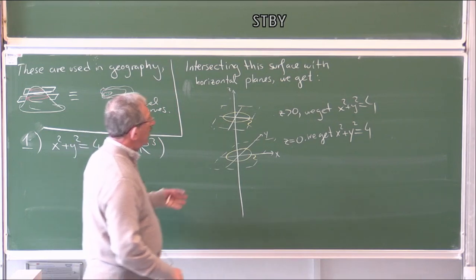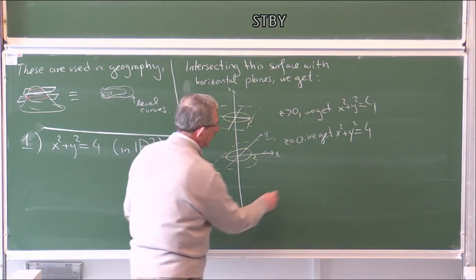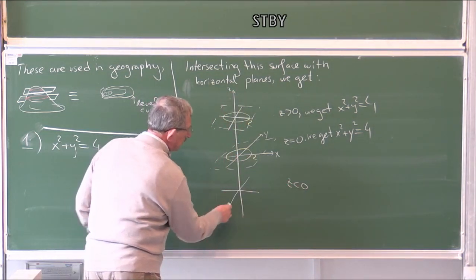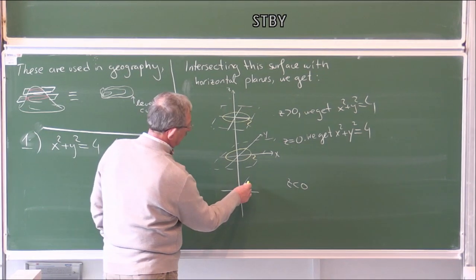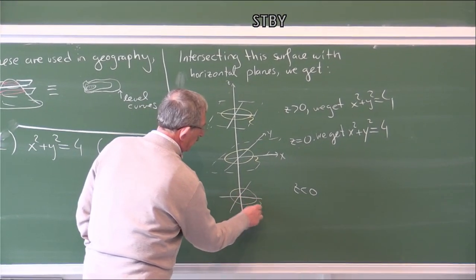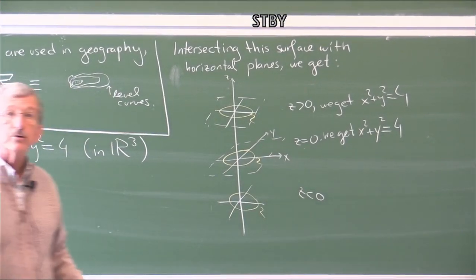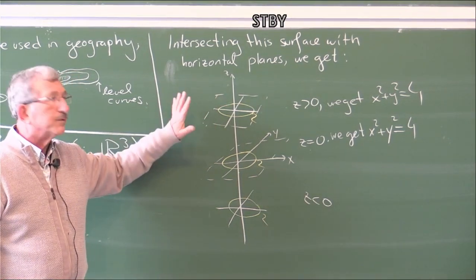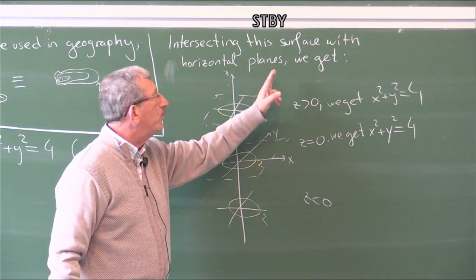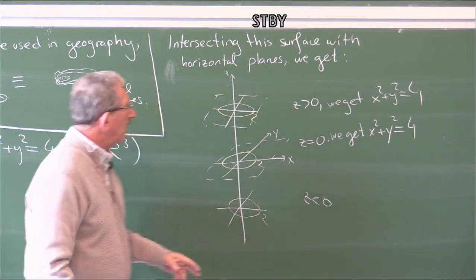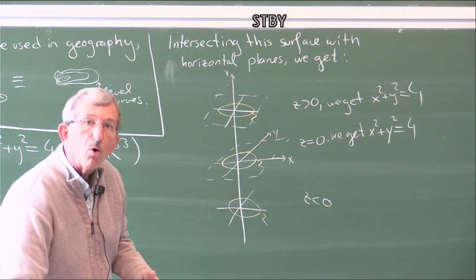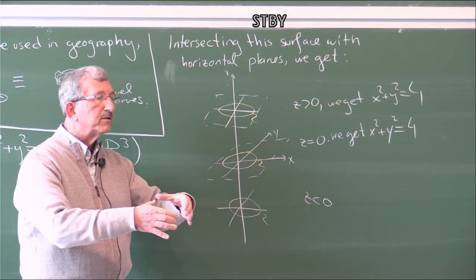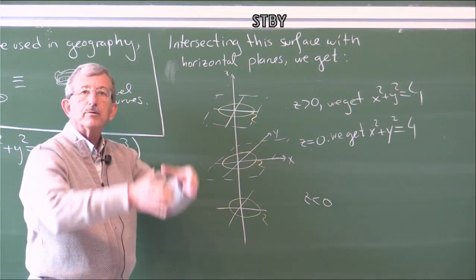Now, when we consider a negative z, for instance, it doesn't depend on z, so it's always a circle with radius 2. Now, these curves are on the surface because they are intersections of the surface with the planes. Well, we then imagine the whole figure. It's always a circle like this, only we give it a level. So it goes up and down.